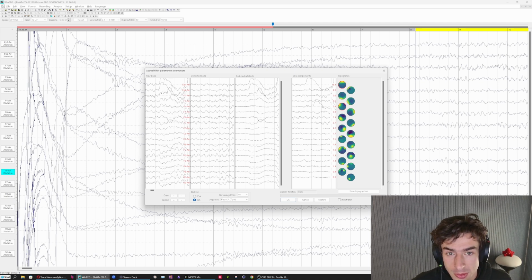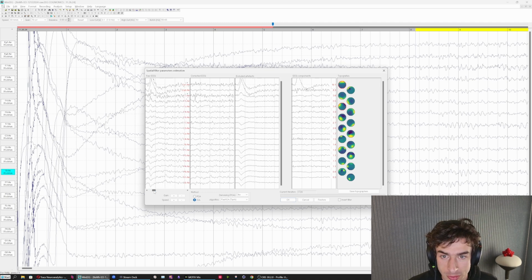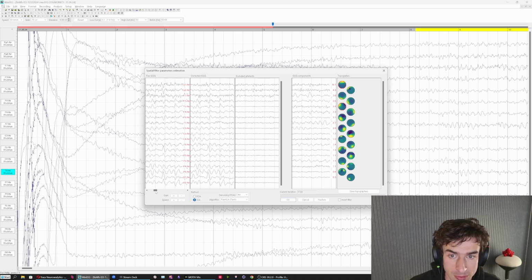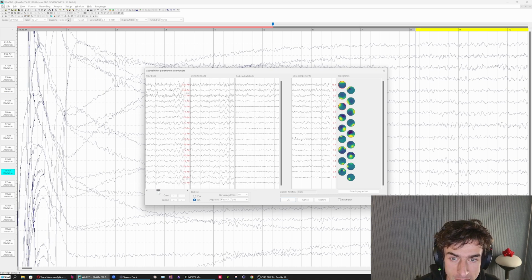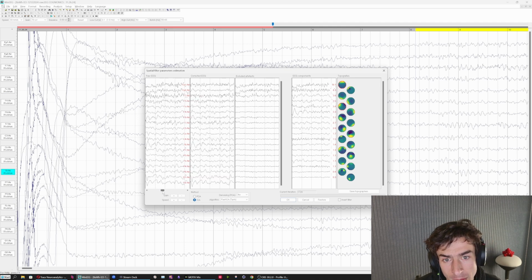And lo and behold, just by selecting those two, we have removed both the lateral and the eye blink from the EEG. So I'm just scrolling through to ensure that we didn't remove any real EEG, and it seems that we haven't to a significant extent. And then all that remains is to eliminate the rest of this muscle tension, if possible.